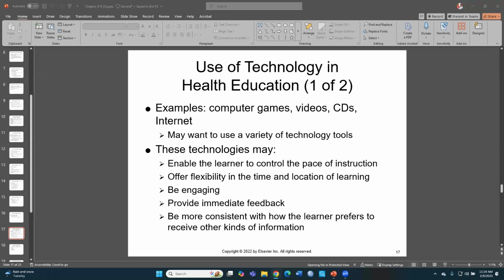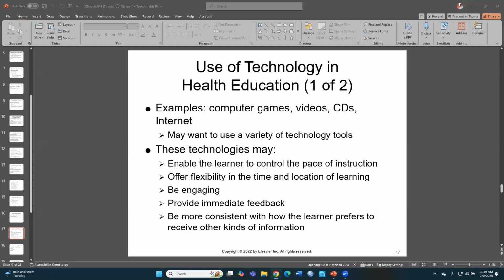When we look at technology and health education, there's a variety of things that are out there. We know the internet is probably one of the biggest. The biggest thing with using computer games, videos, internet, CDs, that we worry about, especially with the internet, is the information accurate and from a reputable site? You can go on the internet and basically find anything that you want to find, whether it's true or not true, whether it's accurate or inaccurate.